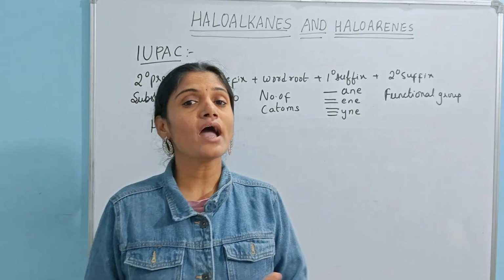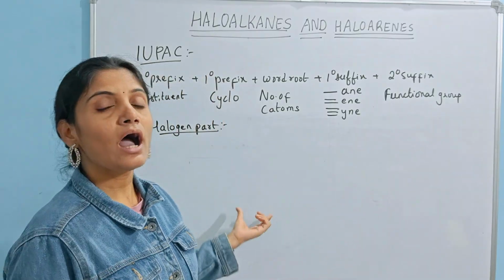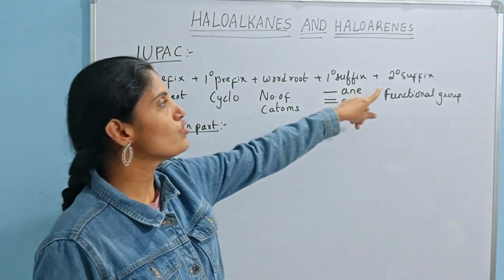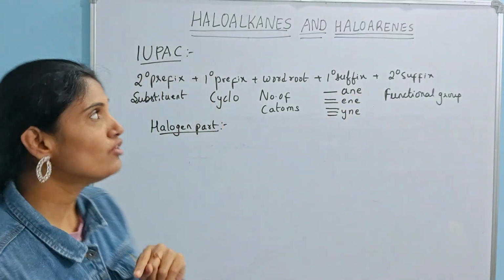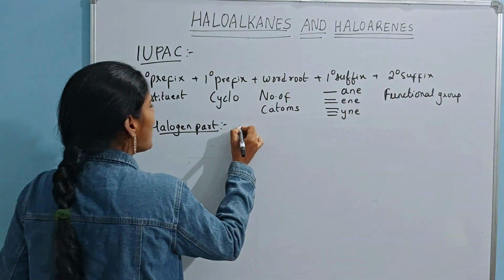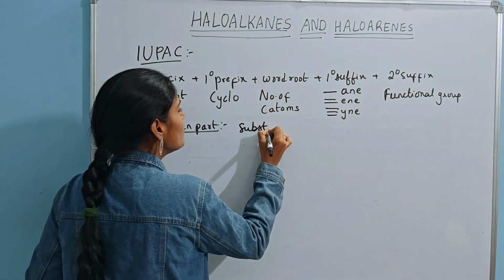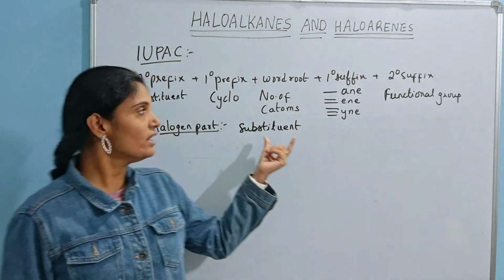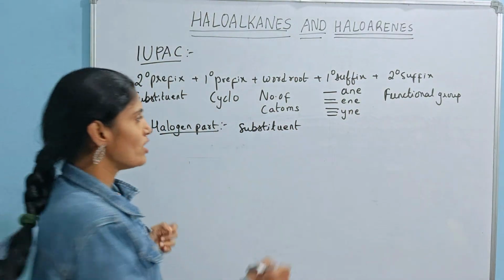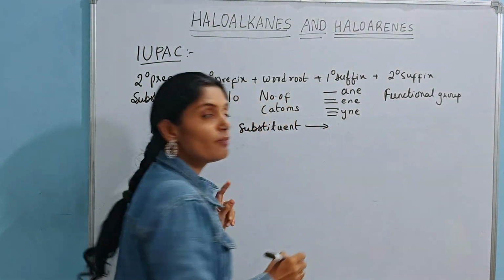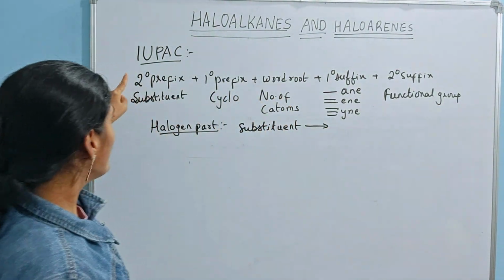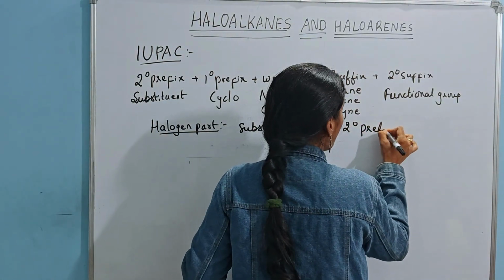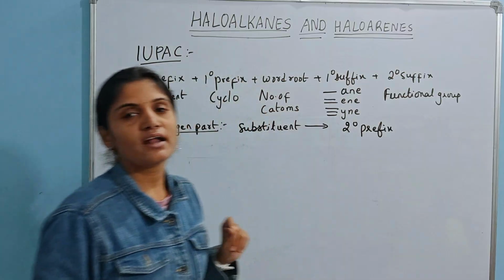But when you are doing the IUPAC nomenclature of haloalkanes, we will not take the halogen as the secondary suffix, but instead we will take halogen as a substituent. So a very important point in naming of haloalkanes and haloarenes: we take the halogen part as the substituent. Whenever you take the halogen part as a substituent, you put it as your secondary prefix.